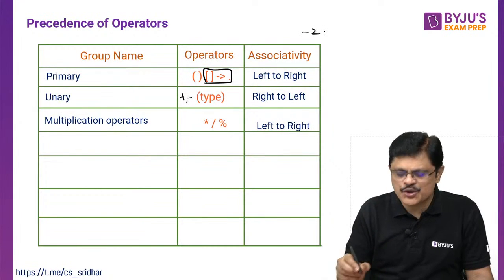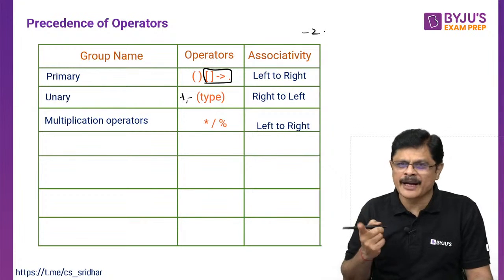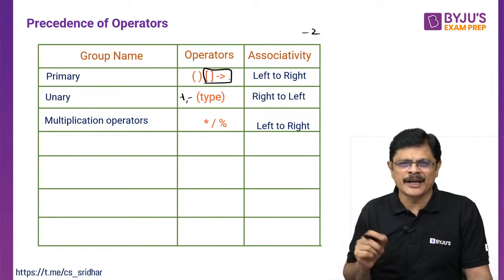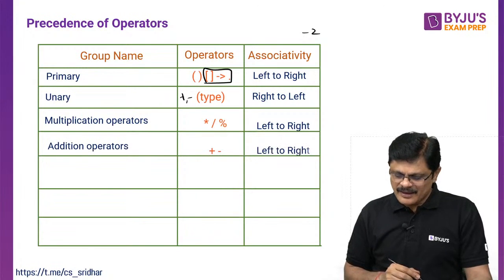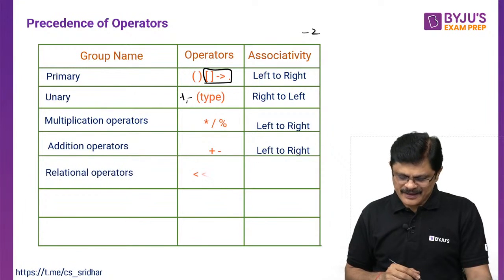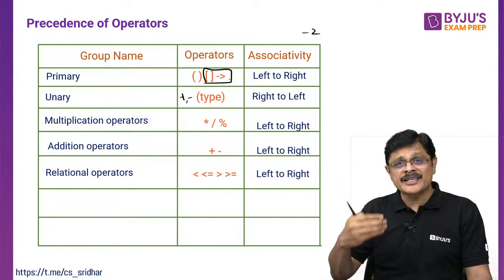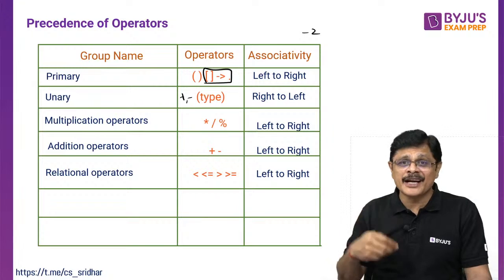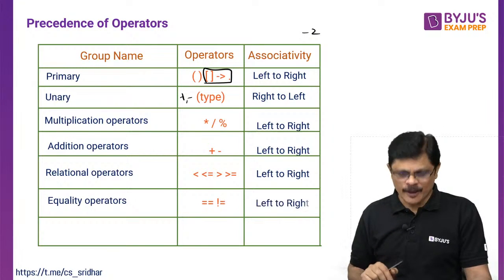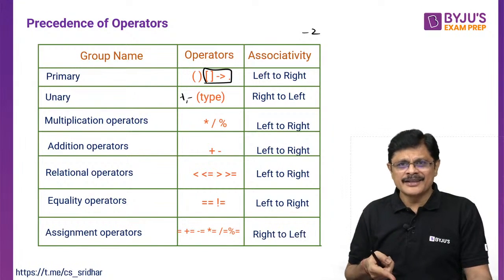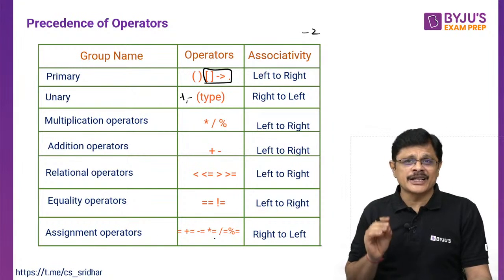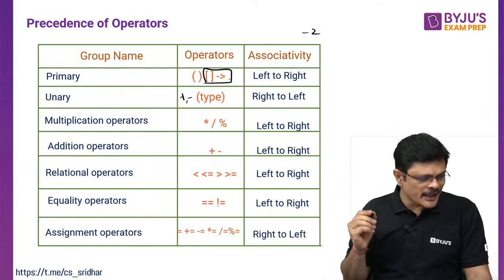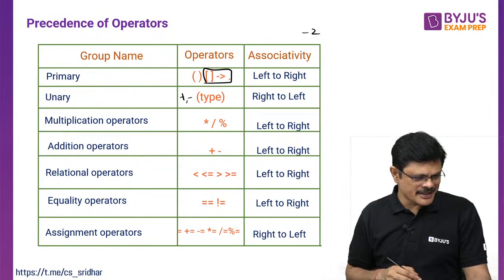For example, -2 is also a unary operator. Multiplication and addition, then relational operators, which have lower precedence than multiplication and addition operators. Equality operators, even these are considered relational, but equality in that. Assignment operators. These are the operators we considered so far, and this is the order of their precedence, my dear friends.